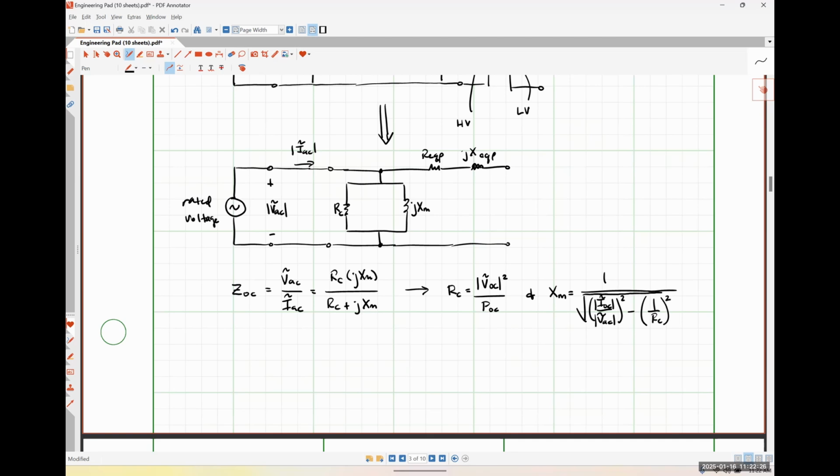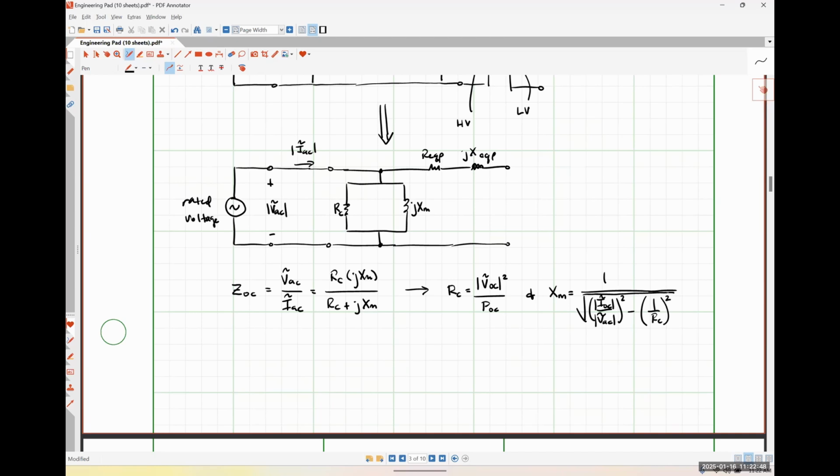All of this is underneath the square root sign. So literally those three measurement tools, our voltmeter, our ammeter, and our wattmeter, the readings on those during the open circuit test, we can extrapolate what our core resistance is and what our magnetizing reactance is.